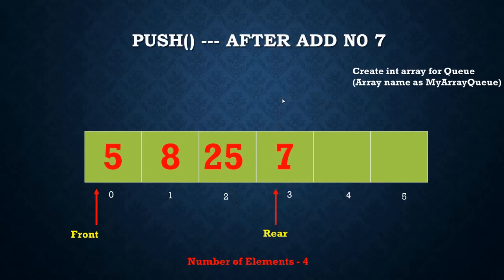Now the number of elements will be 4. So you have to remember, when you add or push an element into the queue, it is always added after the rear element. Then you can see the front element location will not change, and the number of elements increases by 1.